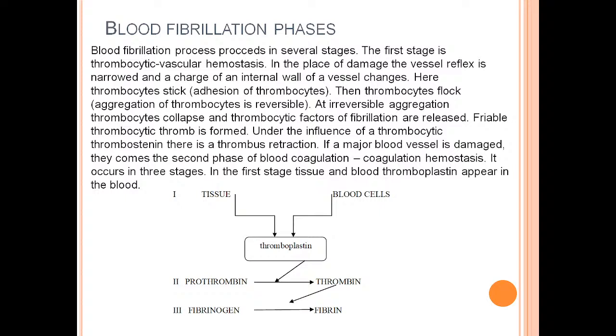In the second stage, under the influence of thromboplastin, thrombin is formed from prothrombin.